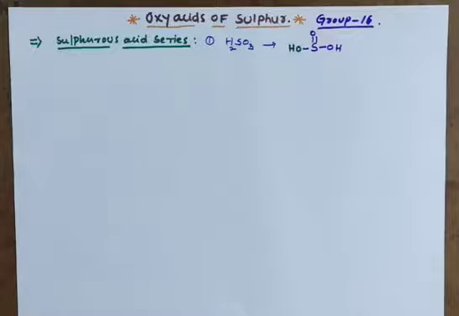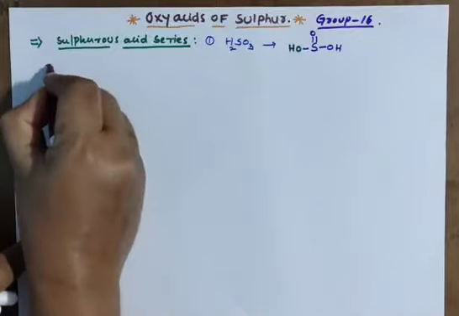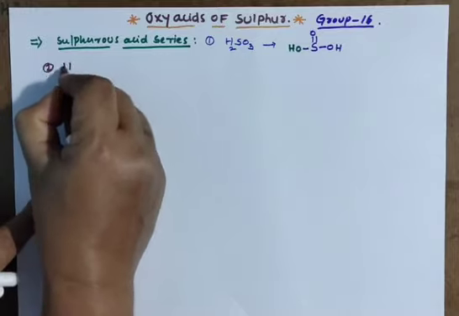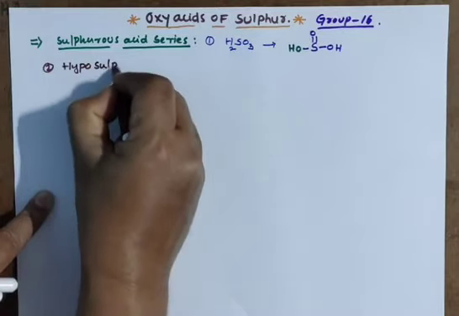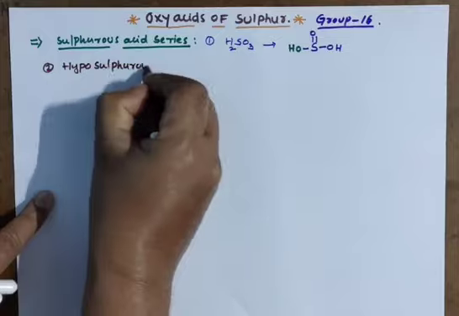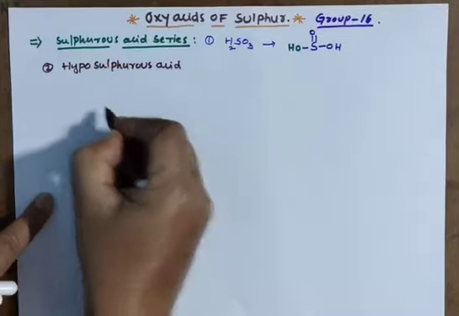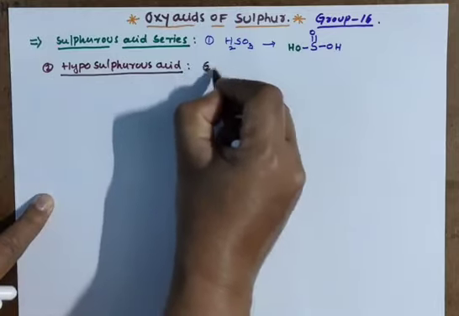Next, another one we have in this series, that is hyposulfurous acid, or disulfurous acid also we can say. How to remember the formula?